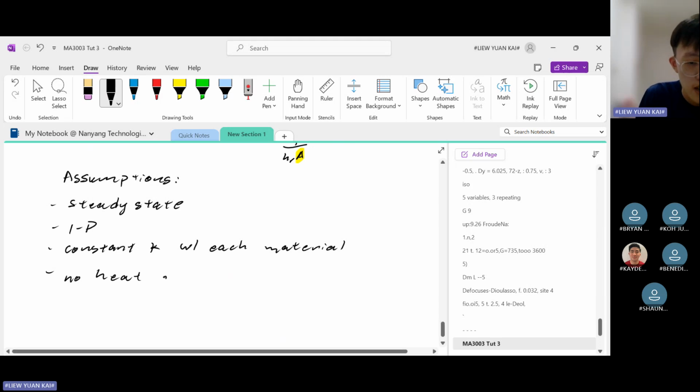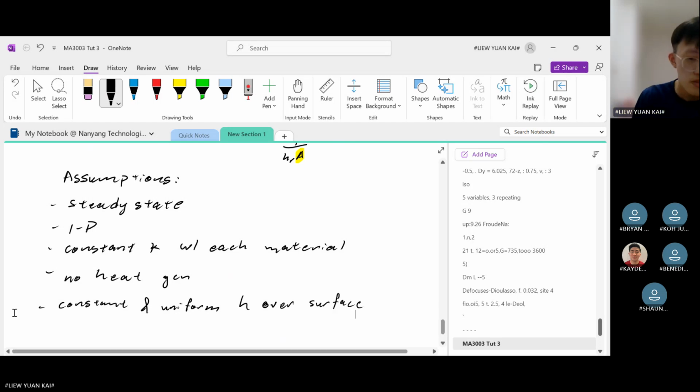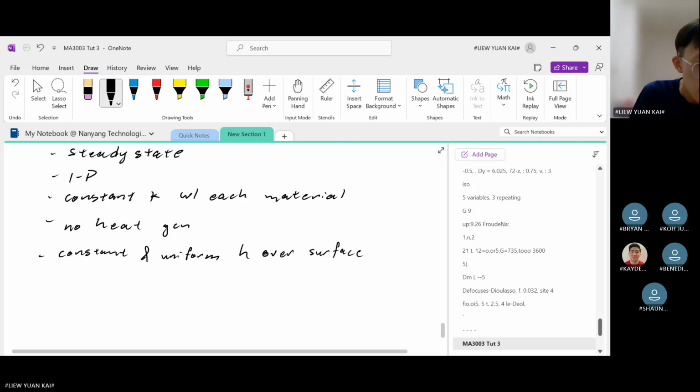I'm just going to call it heat gen, just to be quick. And then constant and uniform H over surface. And T surrounding is equal to T infinity.